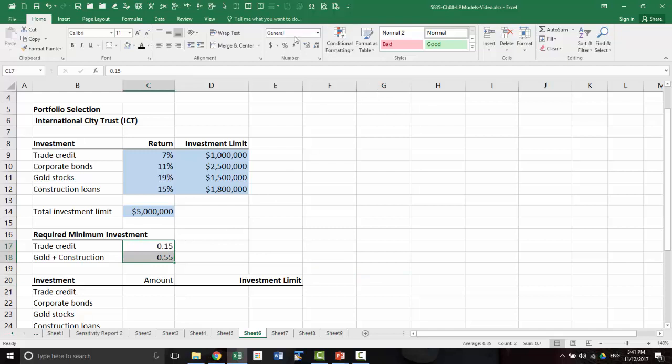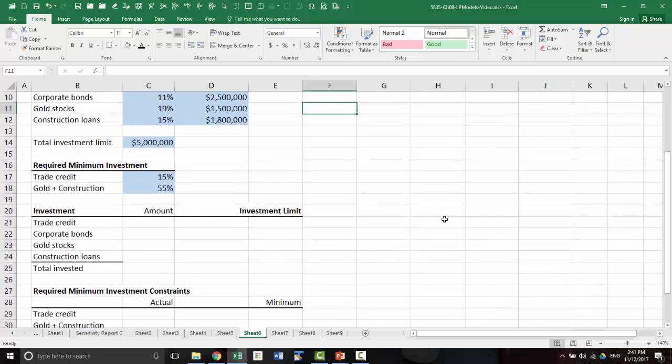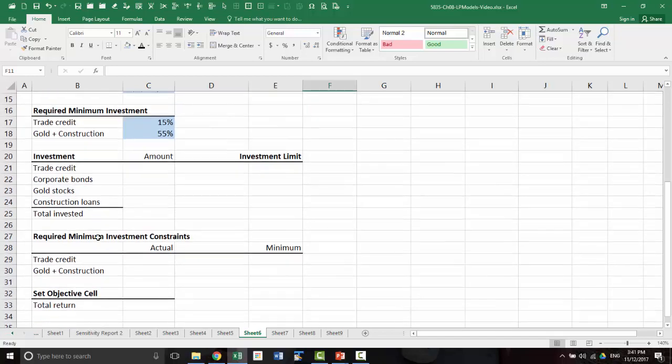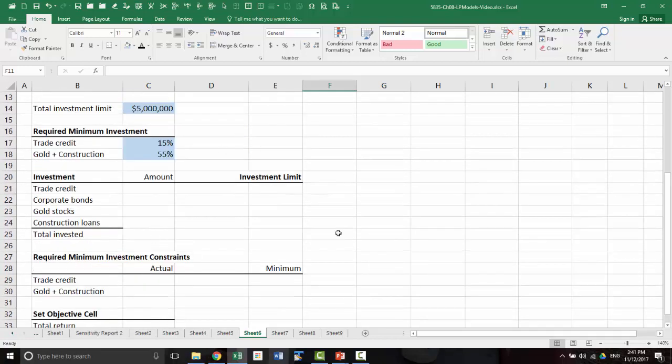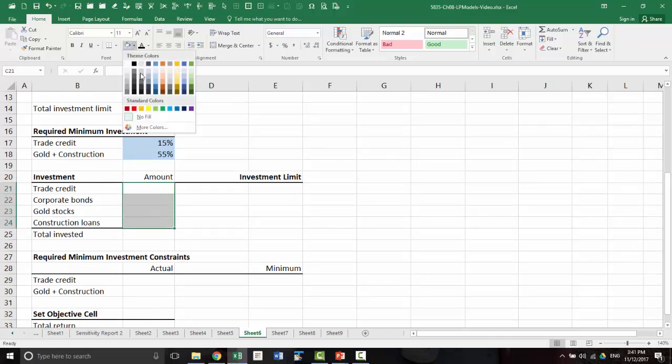Let's make that a percentage, and that should be input as well, background blue. Now we have to figure out how many dollars we're going to invest in each of these four investment types. That is our decision to make, such that the objective cell, the return, is maximized and the constraints are met. So that is our changing cell.